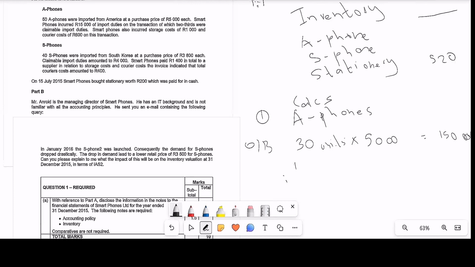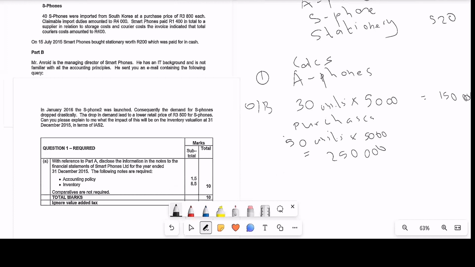Then here I'm gonna say purchases. Then it's gonna be 50 times 5,000. It's gonna give us 250,000. And they also said they incurred import duties.